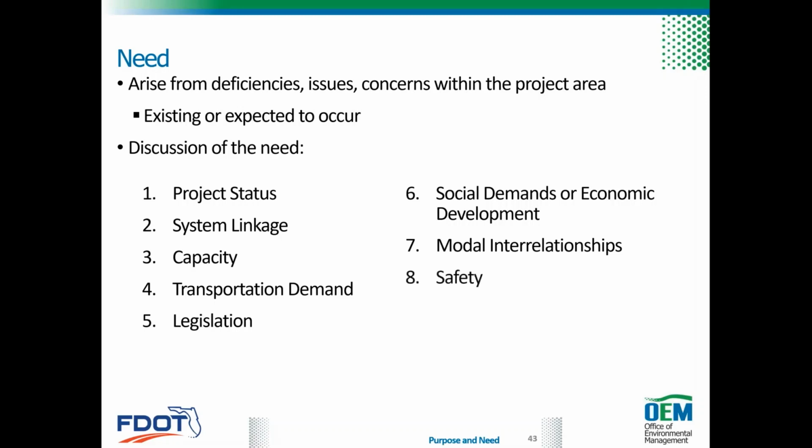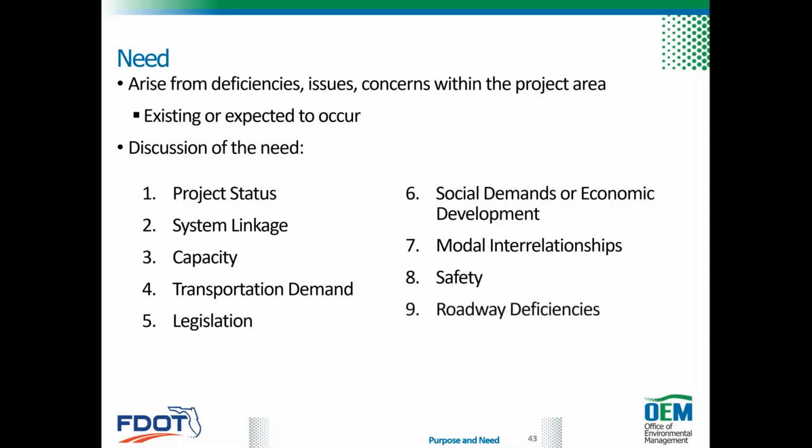Also, safety. This is where the 5-year crash history takes place. So we include here a discussion of the existing crash rate. Also, it compares to the state average, the type of crashes and all that kind of stuff.